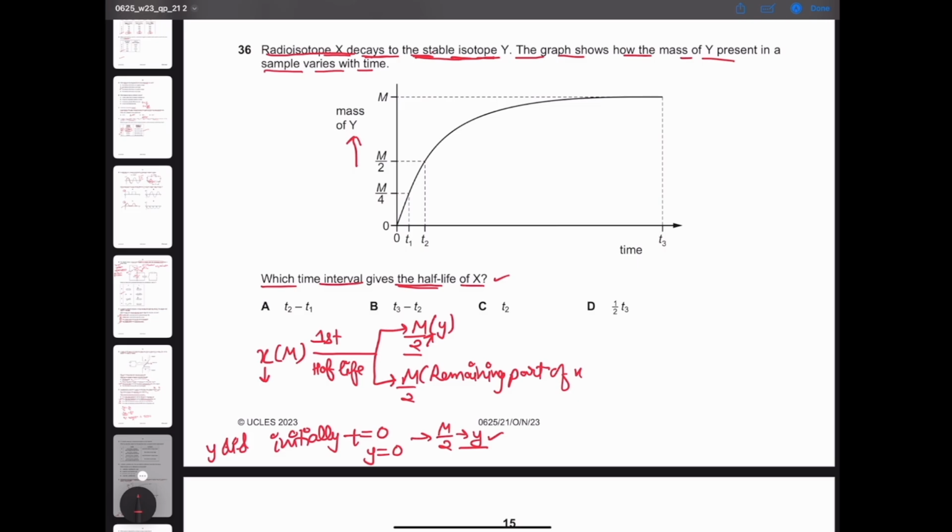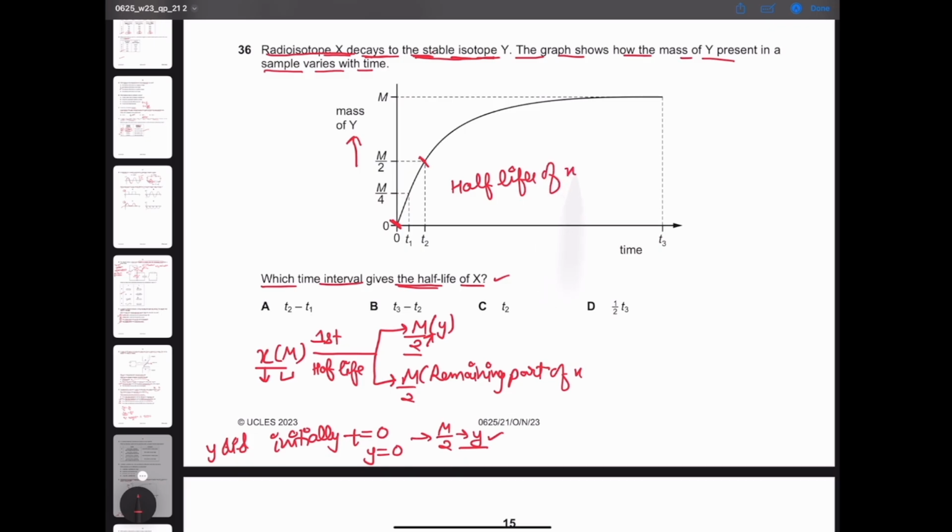So we can clearly say that when Y went from 0 to m by 2, that is exactly the half life of X as well, because the first half life of X, which is m, is giving you m by 2, which is Y. And how much time is it taking? It is only taking the first half life. So we can directly say from 0 to m by 2, the time taken is also the half life of X.